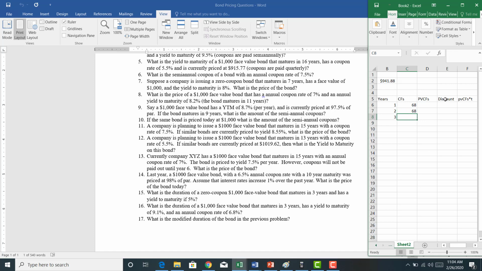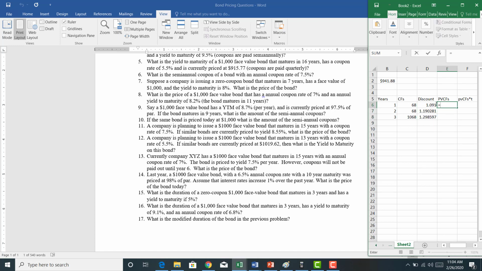In year 2, $68, and in year 3, $1,068. This should be my discount factor. And this is going to be my present value of cash flows. My discount factor is equal to 1.091 raised to the power of 1. That's 1 plus the yield to maturity raised to the power of 1.